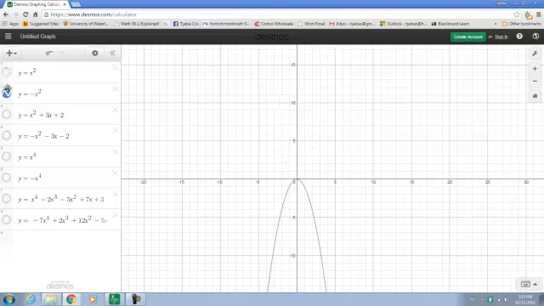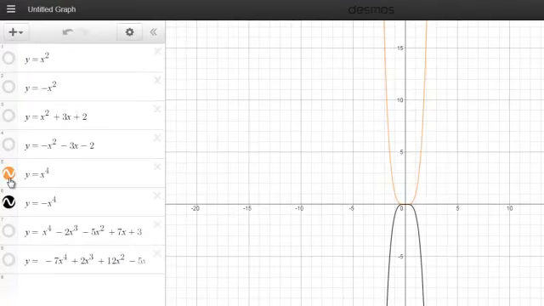This is just another example of a parabola, the positive version and the negative version. If we look at x to the power of 4, we have the ends up in quadrants 1 and 2, and the negative version is in quadrants 3 and 4.